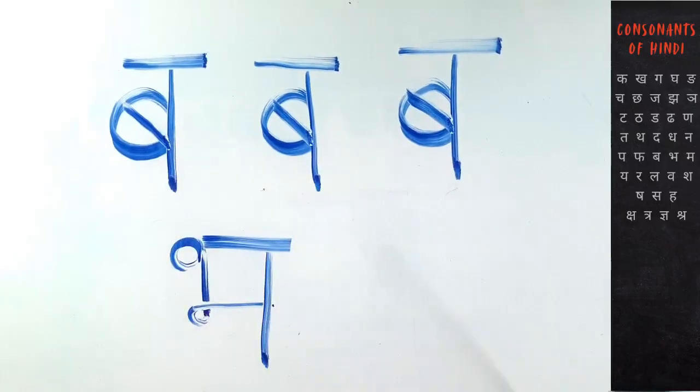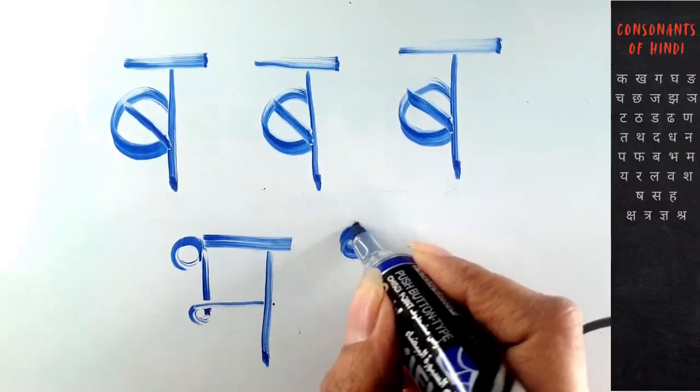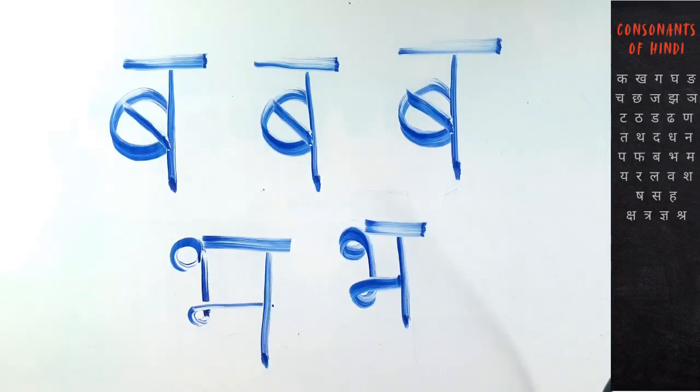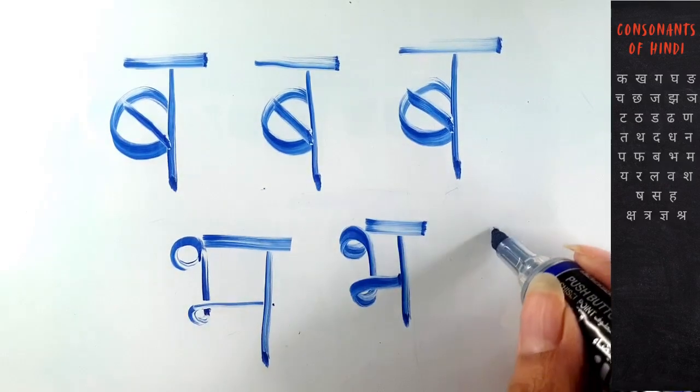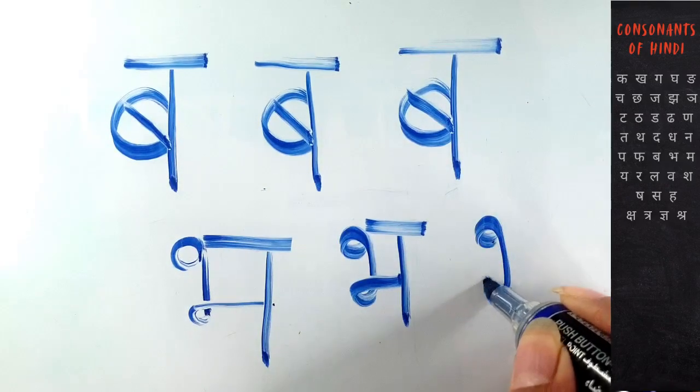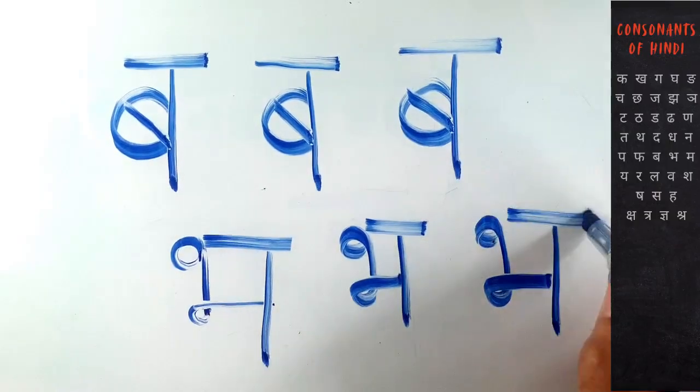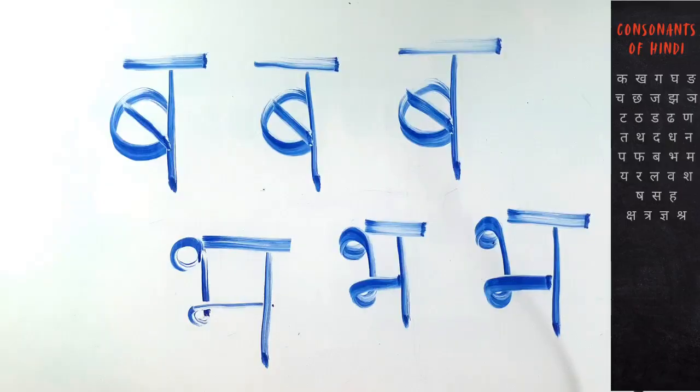Okay? Let's try it again. Like this and like this. That is bh. One circle, two circles, and that's bh. Okay?